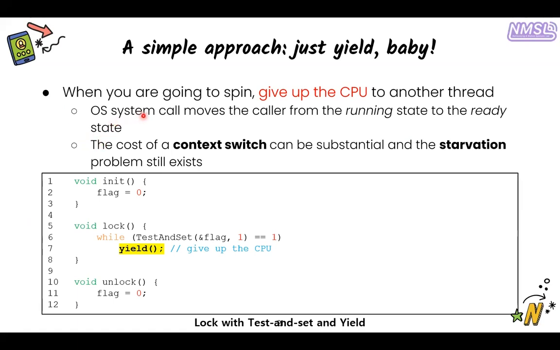So the OS would move the caller from the running state into the ready state. However, the cost of a context switch could be quite substantial, because that also incurs some overhead. And the starvation problem still exists. So here, basically, you test and set. If the value is 1, you yield.